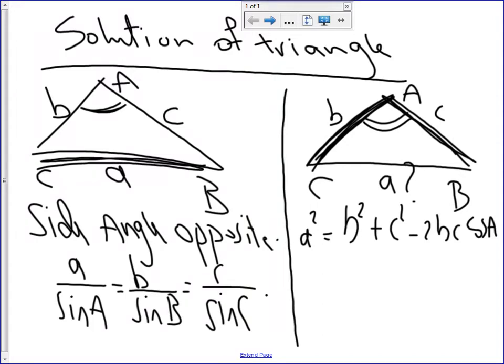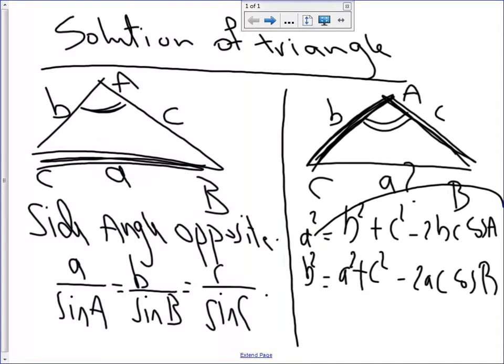But if I need to find B small squared, it is equal what? You will make here the two other sides squared, it means A squared plus C squared minus 2AC cosine of the angle between them, it means the cosine of the angle B. And as we said before, if you have here A small, here I have A capital.